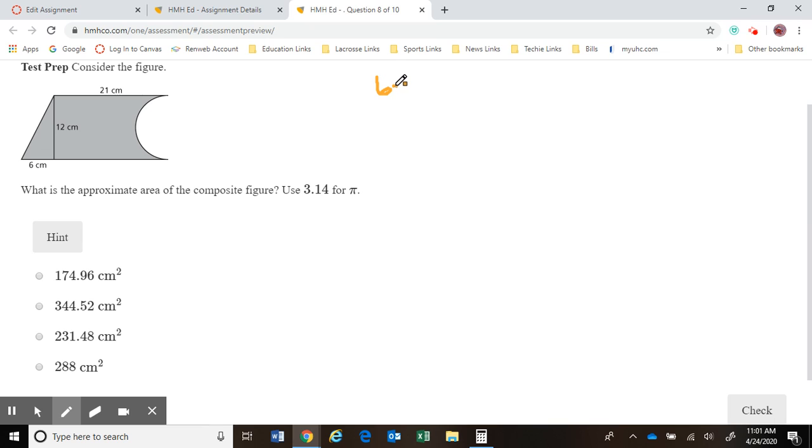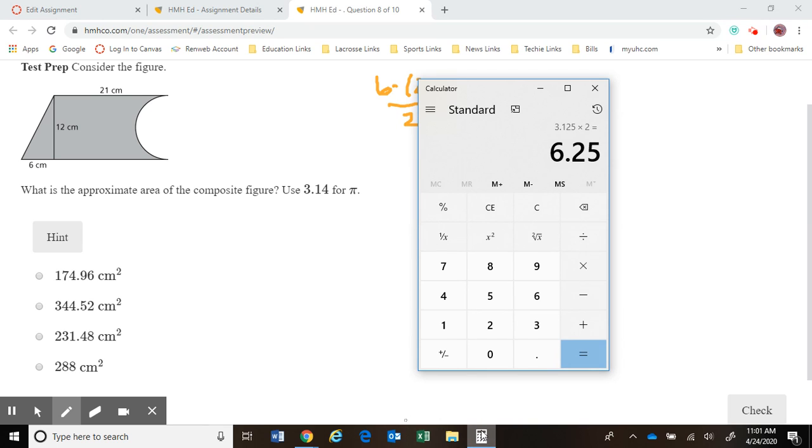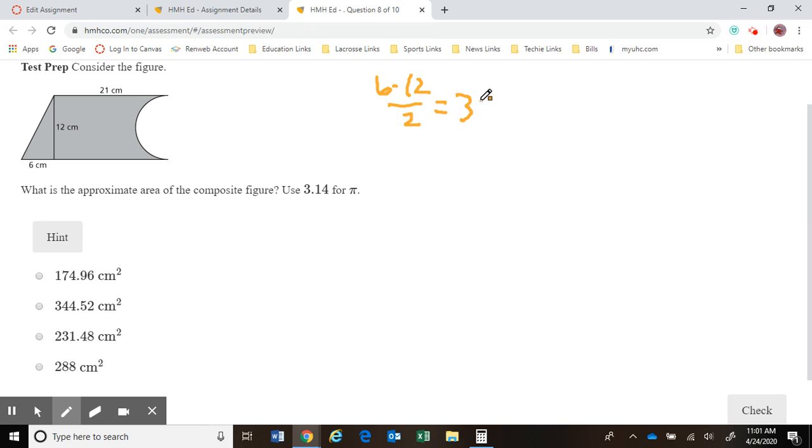Let's see. 6 times 12, divide that by 2. So I know that the area of my triangle is 36 square centimeters.